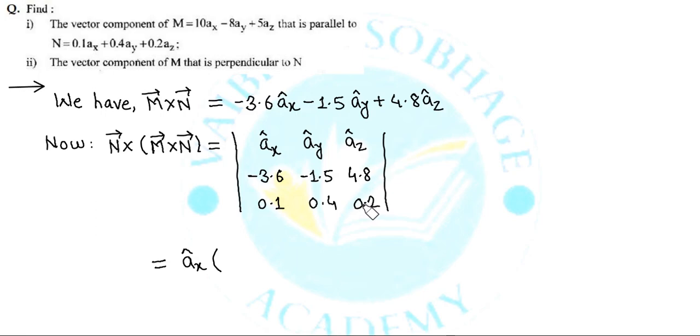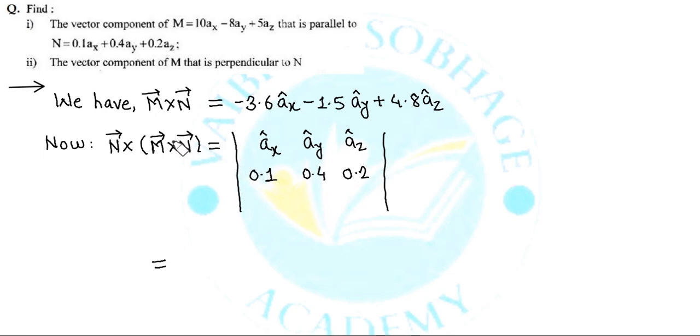Sorry, what is that one? Since the cross product is between vector n and m cross n, very firstly write vector n. Sorry for that. So the magnitudes of vector n are 0.1, 0.4, and along the z direction 0.2.